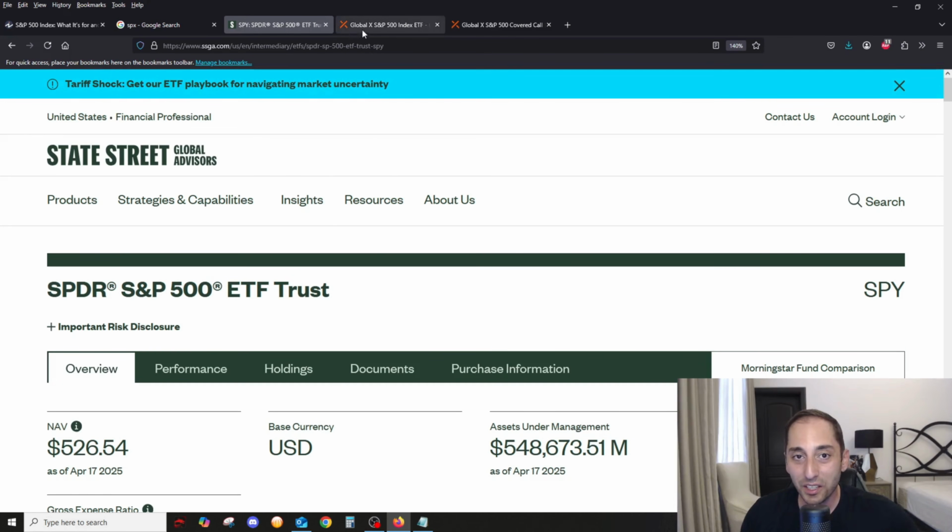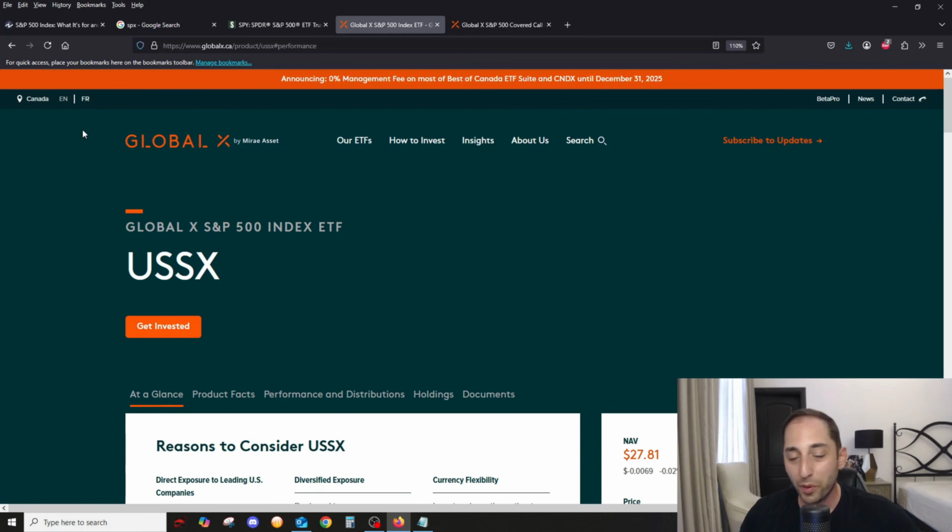Now in Canada, if you're Canadian, there's many Canadian listed S&P 500 ETFs. Some of them are different styles, but let's just go through two very popular ones by Global X Investments Canada. So these you could buy and sell, by the way, in Canadian dollars. These are listed on the Canadian stock market, and the dead giveaway is really the name. You see the Global X S&P 500 Index ETF.